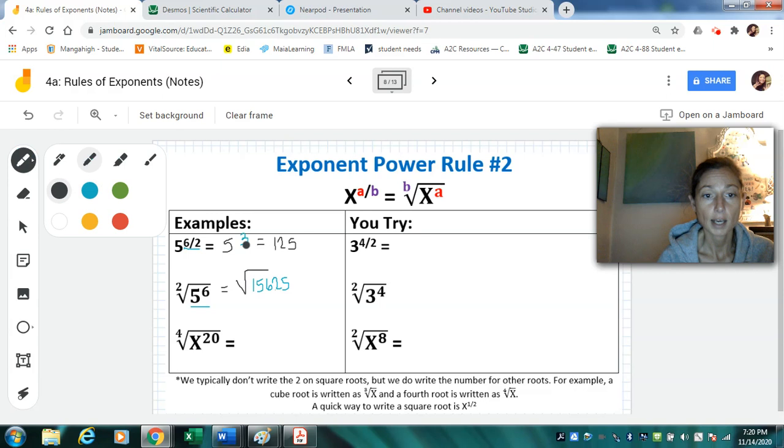And I am square rooting that. The bottom of the fraction that we see up here is the type of root we have, and in this case, it's a 2.